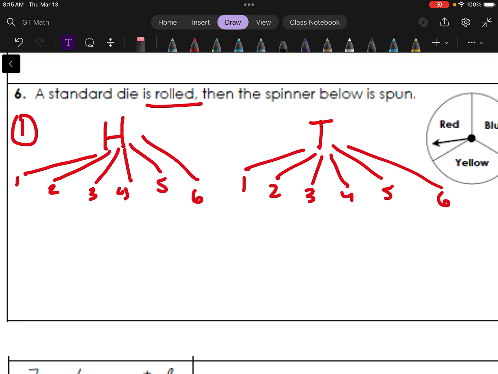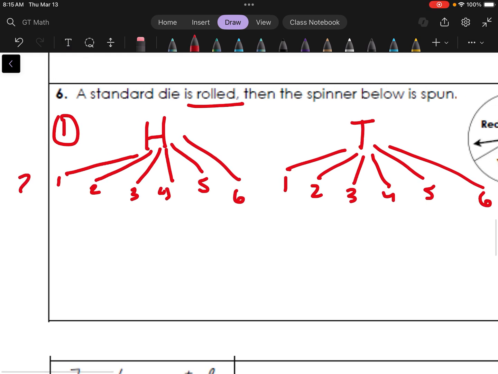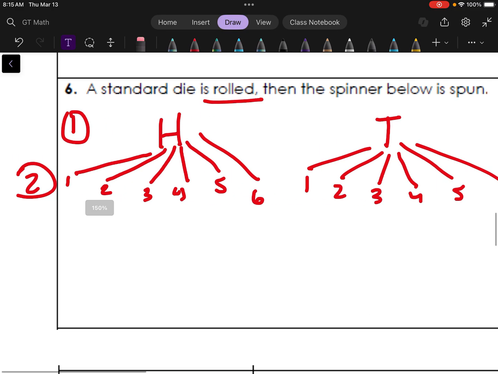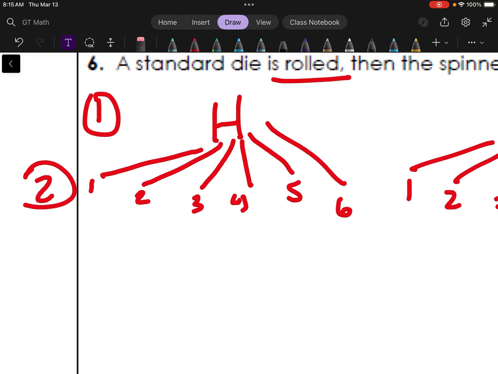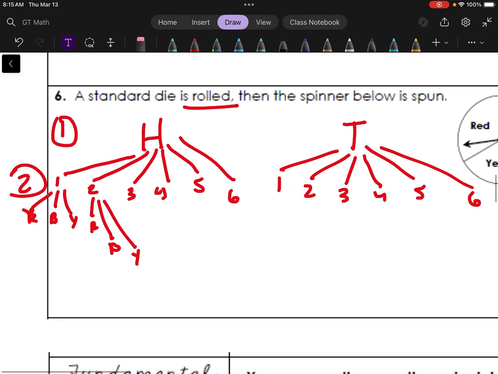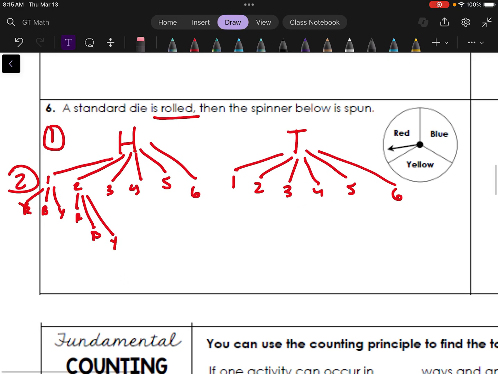That would be called event 2, right? The second choice. Then finally, you're going to spin the spinner. I have a choice between red, blue, and yellow. So all of these have a choice between red, blue, and yellow. That could be red, that could be blue, and that could be yellow. And then I'm going to do the same thing for here. Red, blue, yellow.